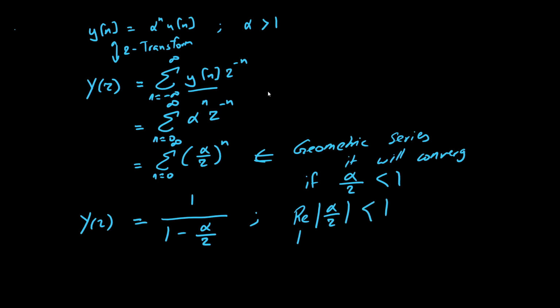We are interested in only the real part because the complex part is just oscillating and it is not growing or decaying. The real part basically pulls down the signal or converges it, or it diverges it. So this dictates our ROC, that is the region of convergence, and we can say that the real part of z is greater than the absolute value of alpha. And we can simplify this further, and we can say this is simply z over z minus alpha.